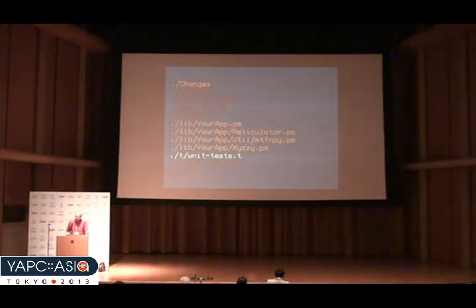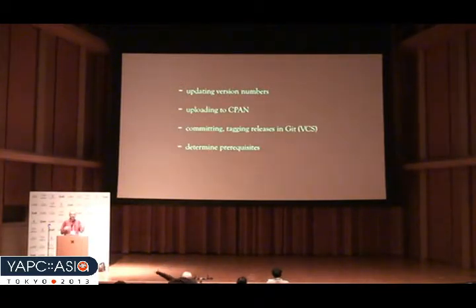We're going to walk through the kind of stuff we can do. I will show you with Zilla how to update your version numbers, upload stuff to CPAN, automatically tag releases, figure out your prerequisites for you, and lots of other stuff that's really boring and makes you not want to share your code.